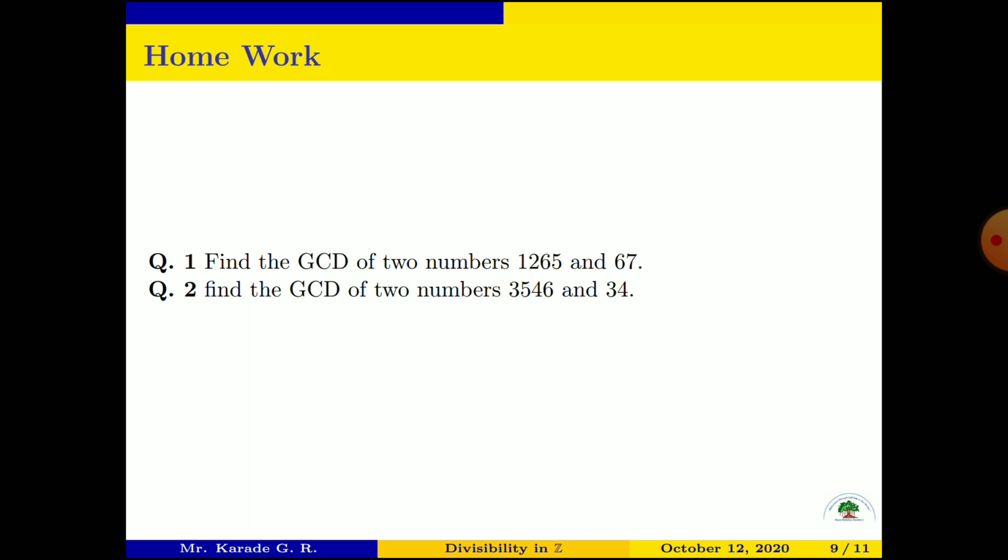In the second example, find the GCD of two numbers 3546 and 34. Okay, solve these two problems using the procedure which we have learned today.